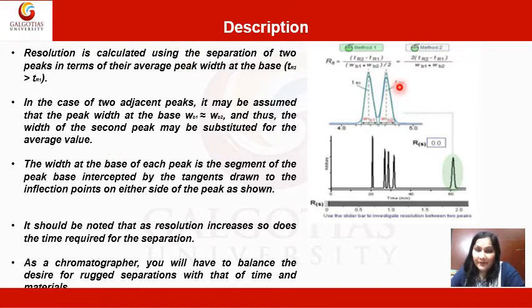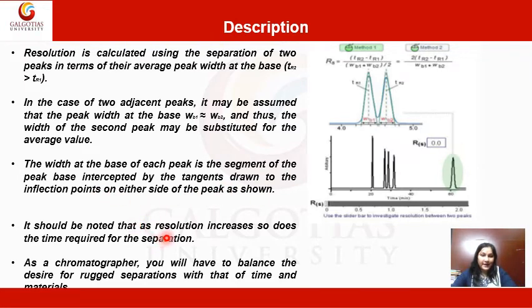That's why we have taken the average value of the peak width at the baseline, WB1 plus WB2 by 2, where WB1 is the peak width of component 1 and WB2 is the peak width at the base for component 2. The width at the base of each peak is the segment of the peak base intercepted by the tangents drawn to the inflection points on either side of the peak as shown in the figure.